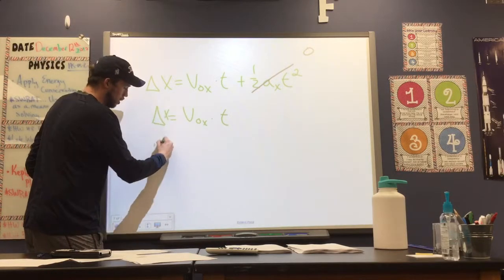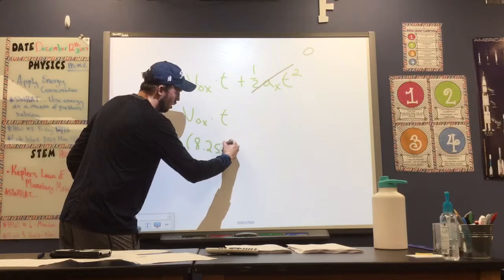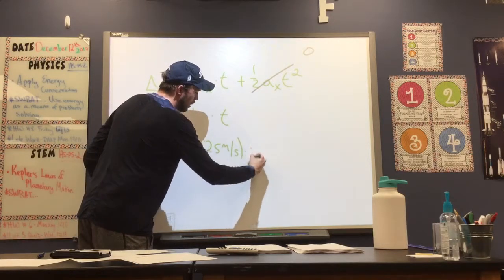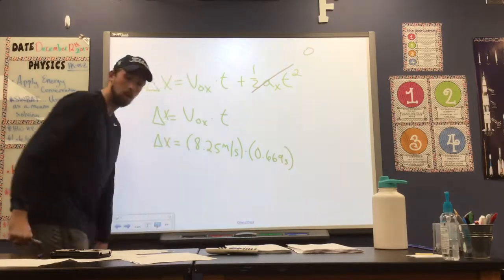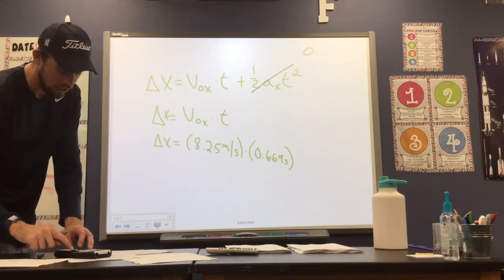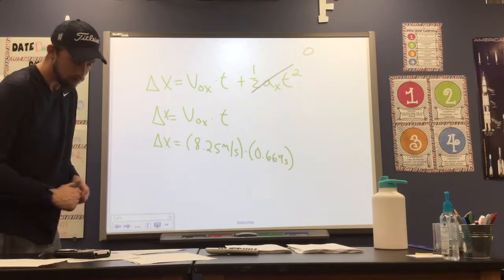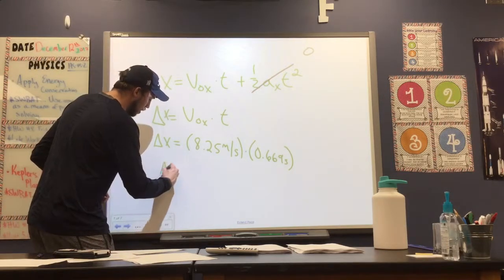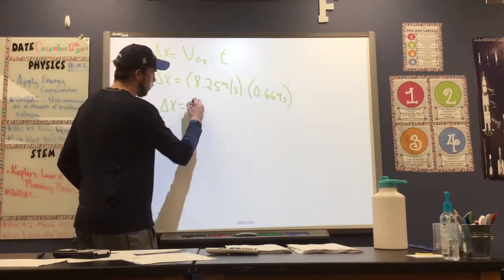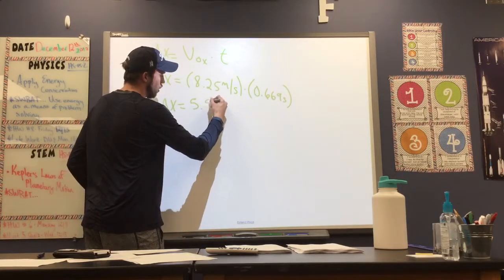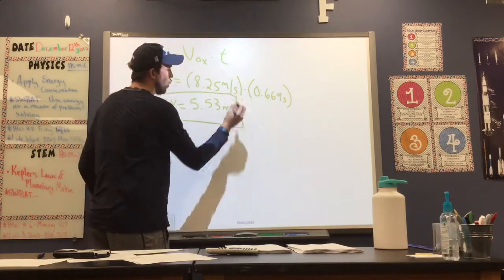So delta x is my initial velocity, 8.25 meters per second, times time, 0.669 seconds. When I plug those values in, 0.669 times 8.25, I get delta x equal to about 5.53, with a little bit of rounding, meters.